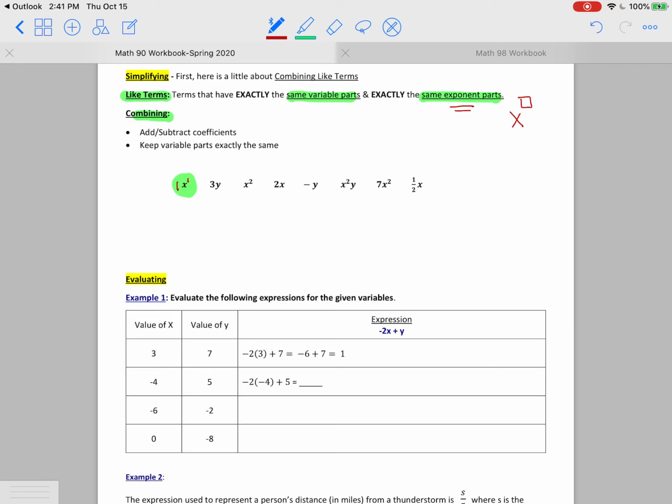So we're going to cruise across and see if we have any more terms that have an x to the first power. And it looks like we've got one here. So this is to the first power. We don't care about the coefficient in front. That does not signify like terms. We're only concerned about the variable part and the exponent part.